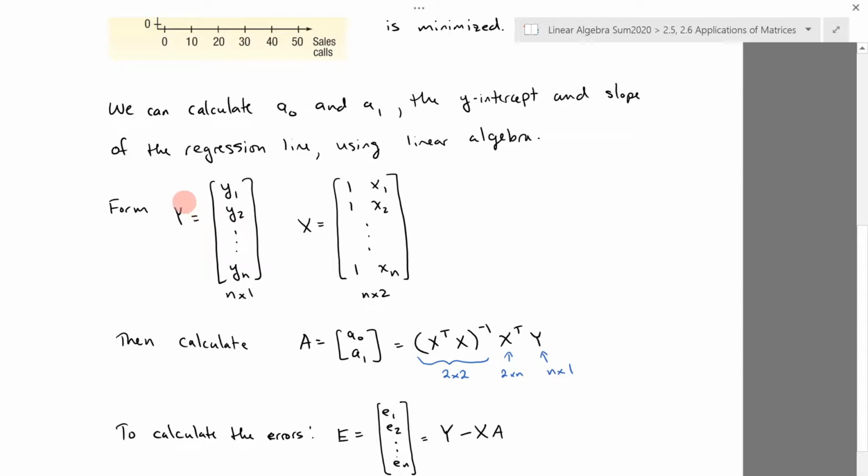The matrix y will contain the y coordinates, so it's just a column vector which contains the y coordinates, and our matrix X will be an n by 2 matrix where the first column is all ones and the second column contains the X values.